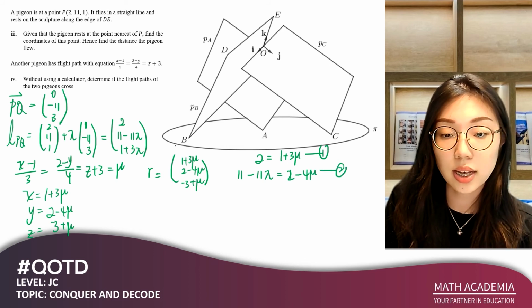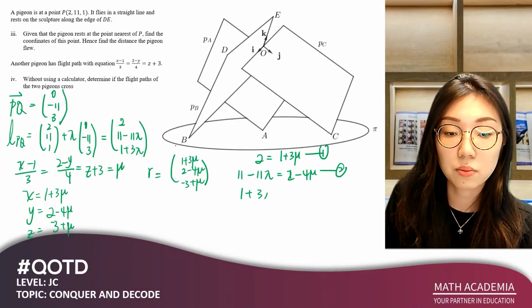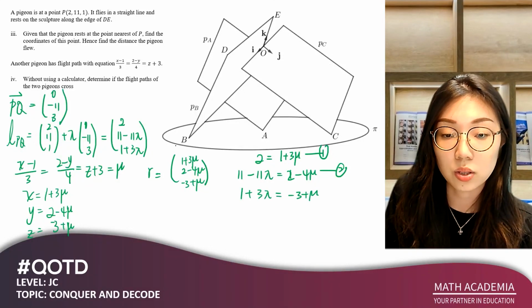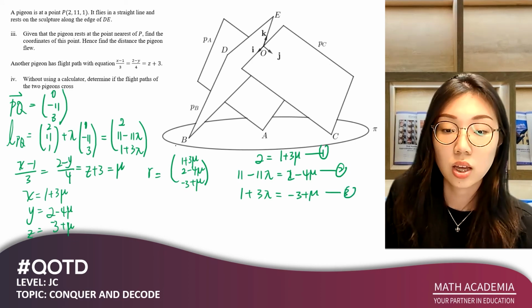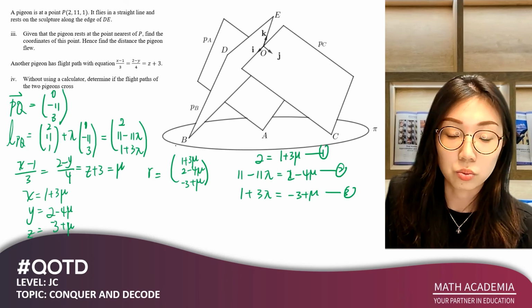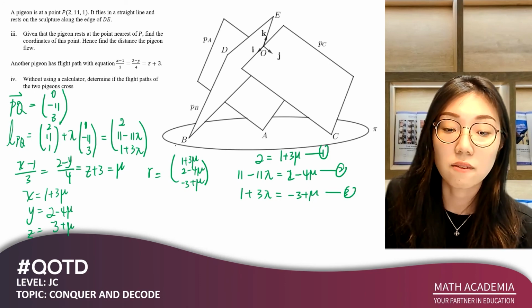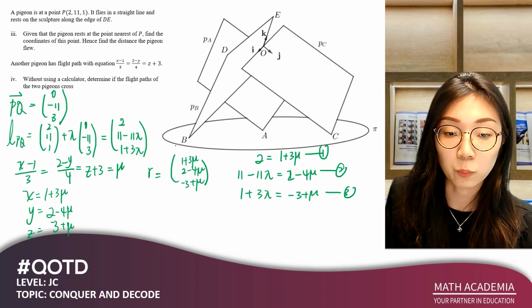And my third equation would be 1 plus 3 lambda equals negative 3 plus mu. I have three equations and two unknowns. So first, let me use the first two equations to find the value of lambda and mu.